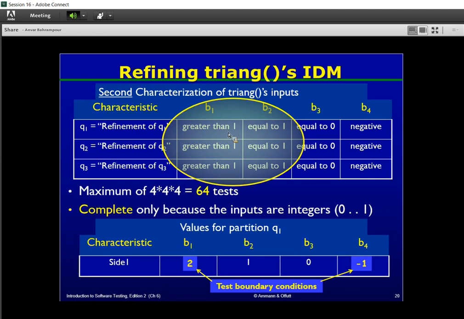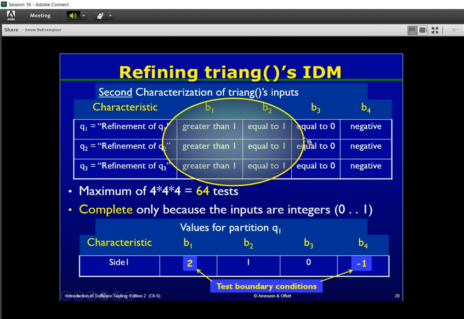But this partitioning is for integer values. For integer values, if we consider negative values, this partitioning is not valid, because we could not consider any value between 0 and 1.